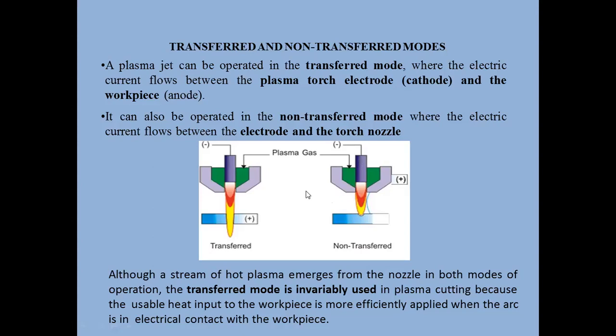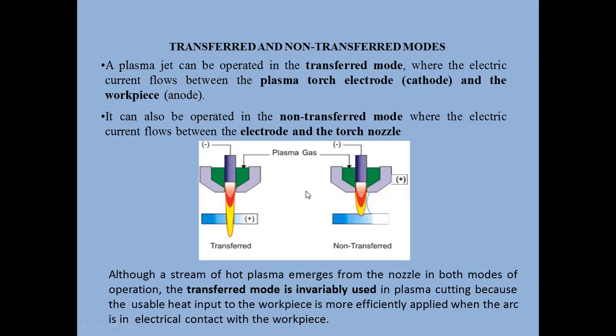Based on that, we have two types of modes: transfer mode and non-transfer mode. In transferred mode, we have the workpiece as anode, and in the non-transferred mode, we have the plasma jet torch nozzle as positive.